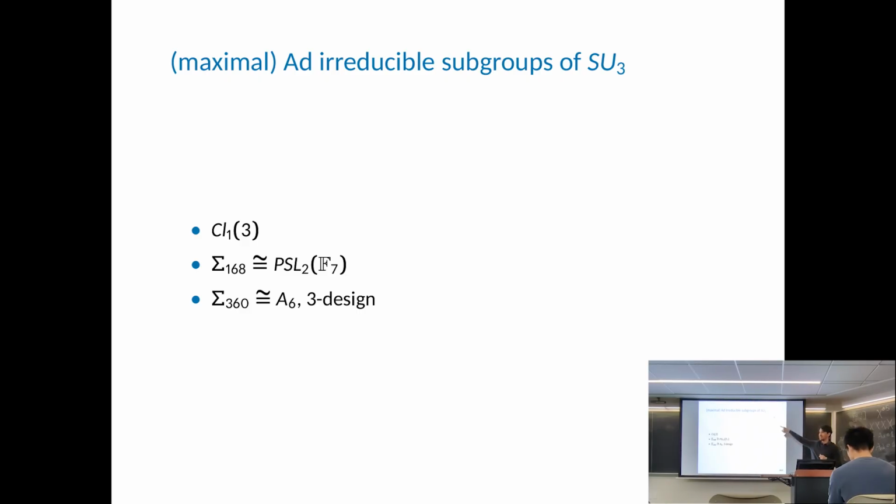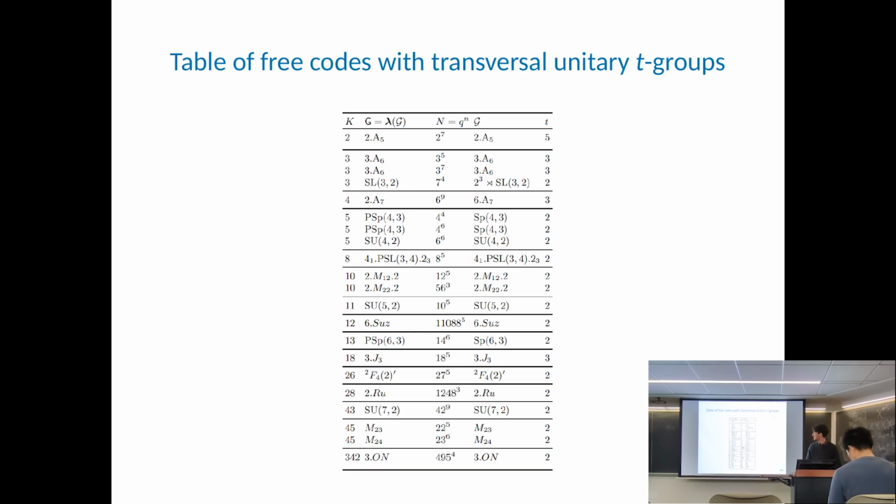That's why I have that title. So these are really large subgroups. They're in fact maximal finite subgroups of SU3. And I said, it would be really great to have a quantum code that realized these large and interesting subgroups of SU3 as the transversal gate group. And so that was another goal I set out for myself. And then I did it.